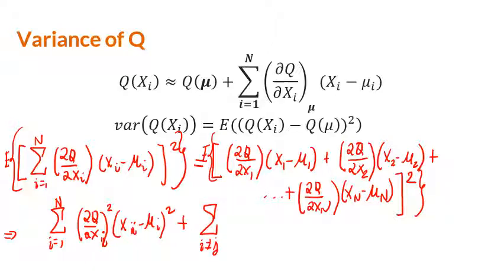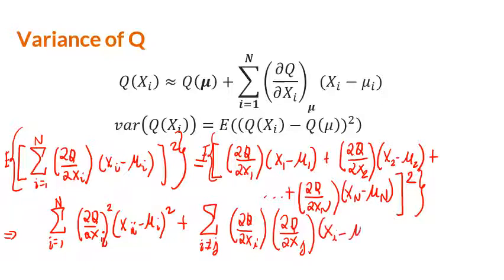So dalawa yung index, may multiple index tayo. So we have partial q, partial xi, partial q, partial xj, times x sub I minus mu sub I times x sub j minus mu sub j.